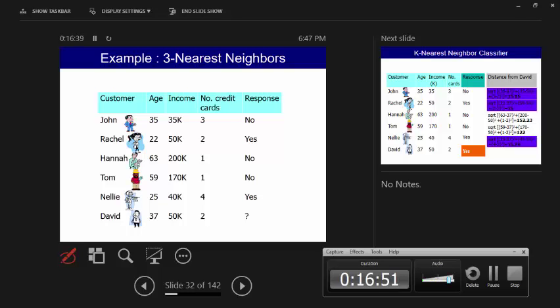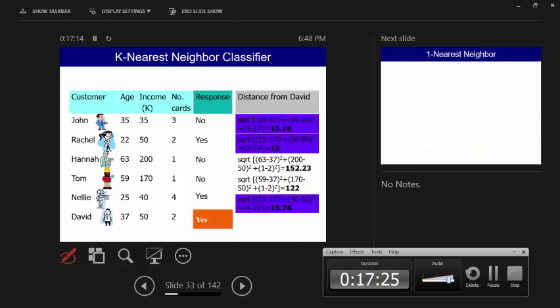The response in this case is the label of a class. According to the distance function, yes means it can be in, the one that is nearer to some caller. Maybe the caller is David. David asks, who is closer to me? So Rahel and Nellie and David, eventually. We need to calculate the distance from David.